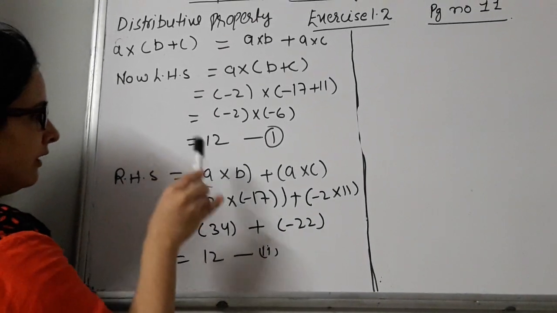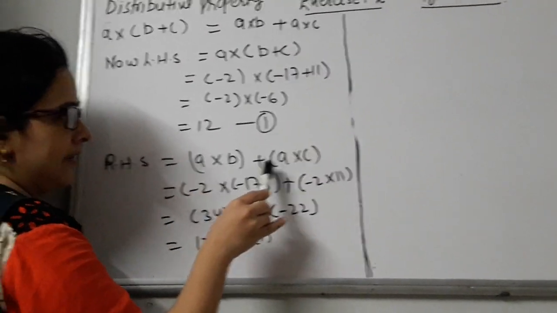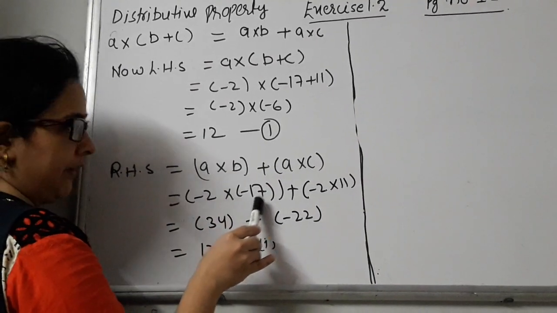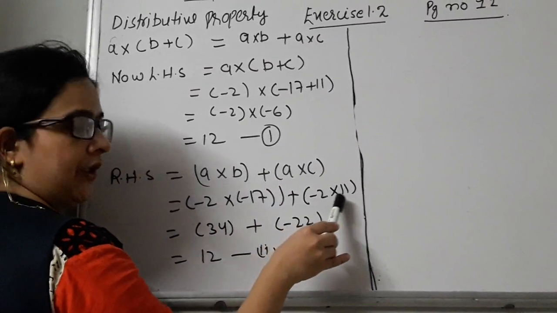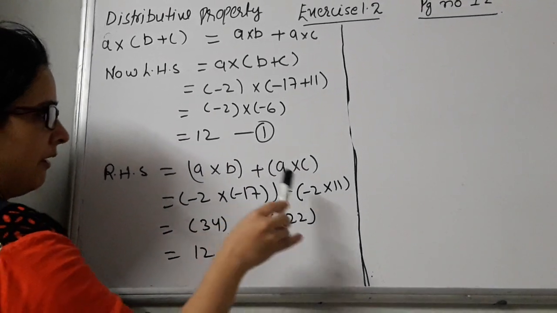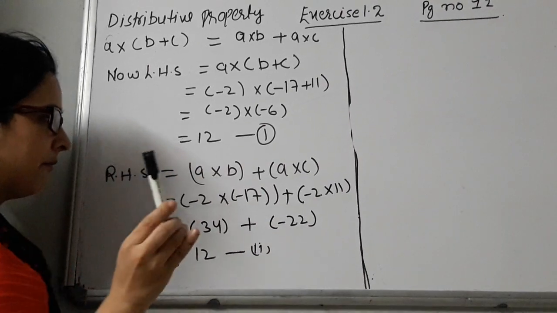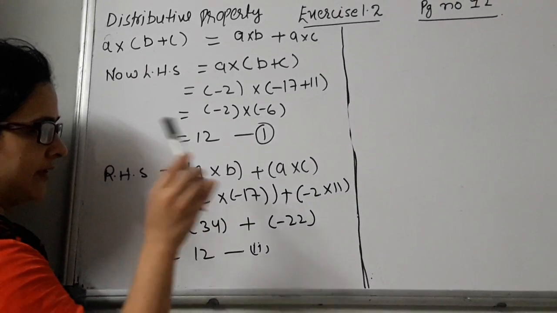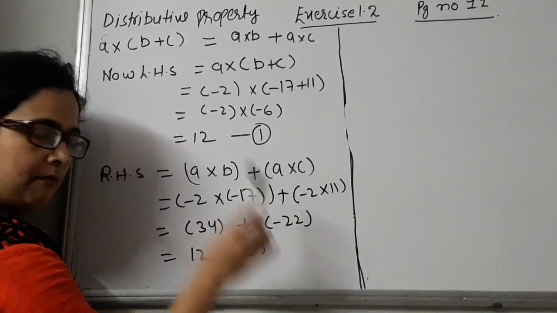Now right hand side, A into B plus A into C. That is -2 into -17 plus -2 into 11. Here -2 into -17 is 34. -2 into 11 is -22. Here again you will see minus into minus is plus, minus into plus is minus.